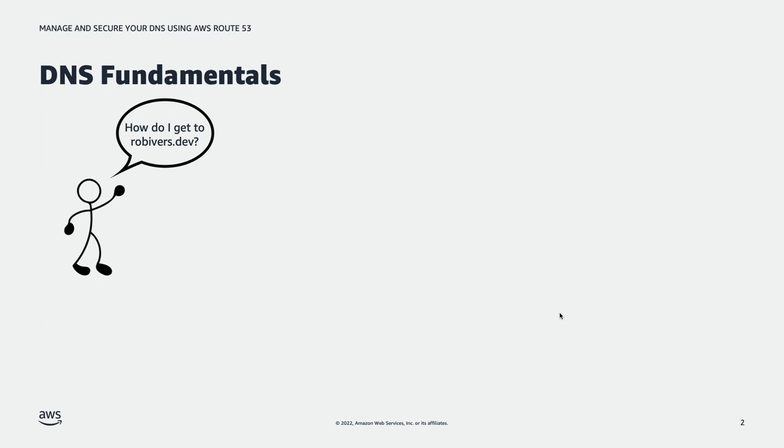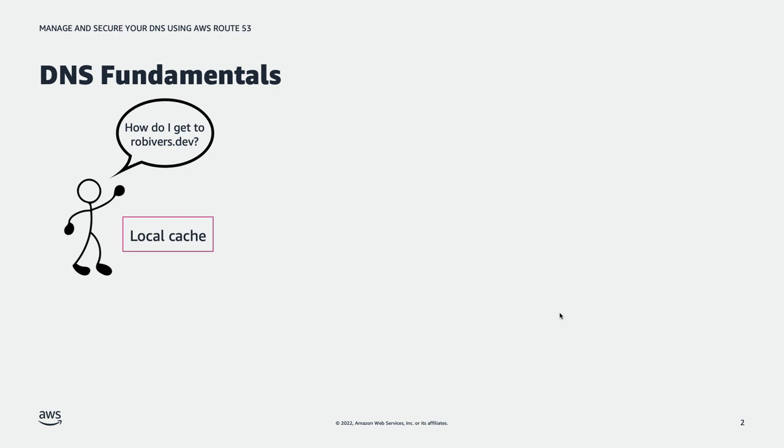He tells his computer that he wants to go to this domain name, but computer networks don't understand letters. They usually talk using IP addresses. So Bob has to have a way to exchange this domain name for an IP address.